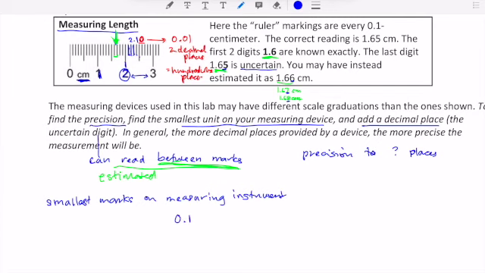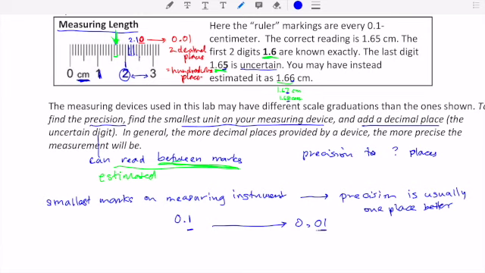And then the precision is usually going to be 1 place better. So 1 place better than this would be 0.01, 1 decimal place versus 2 decimal places out. So this is the tenths place that are the marks, and the hundredths place is the precision. So that means that every measurement taken using this ruler should be 2 decimal places out, 1.65, 1.66, 1.67, and 1.68.